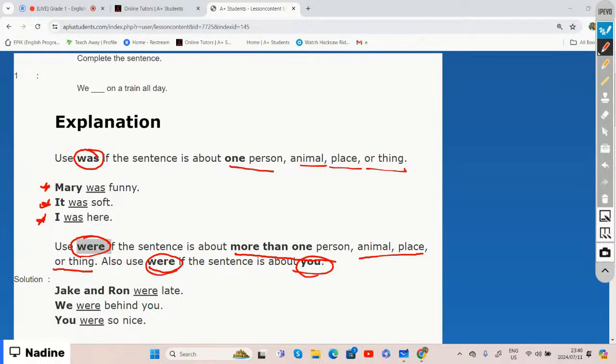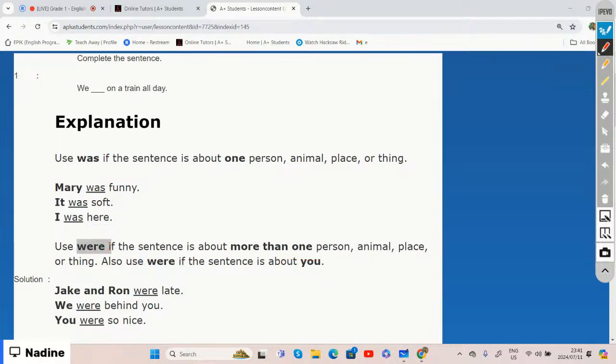You were, sorry, you were sitting at the park. You were nice when I asked you a question. We were behind you. Jake and Ron were late, because we're either referring to more than one person, animal, place, or thing, or we're referring to you.